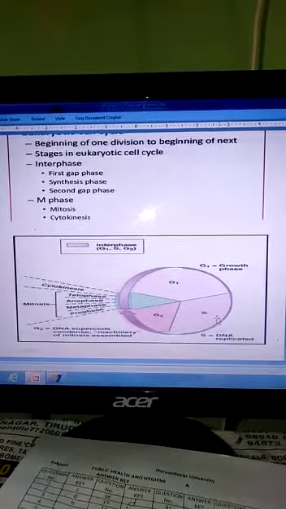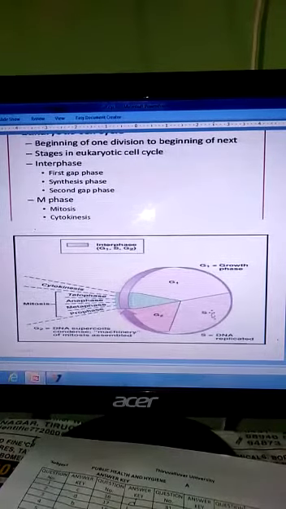Next one, S phase means synthetic phase. This is where DNA is replicated: DNA replication, histone synthesis, nucleus growth, replication of chromosomes. Only DNA is replicated. Centrioles replicate in animal cells only.